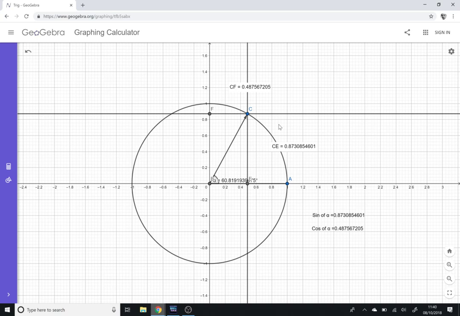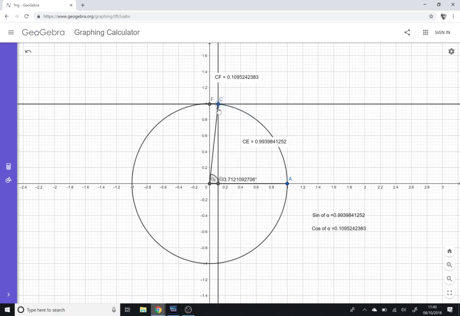And the sine of the angle is 0.873, and the length of the dy is 0.873. Is this a coincidence, you ask yourself? Holy crap, I don't think it is. Look. Wow.